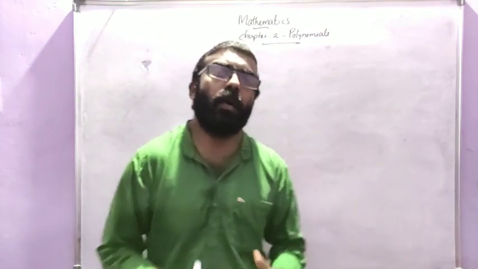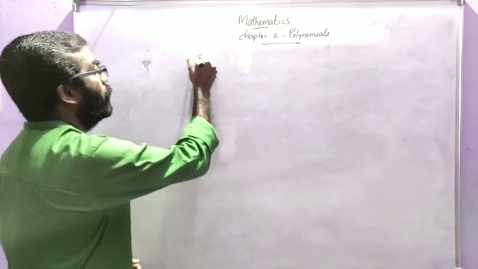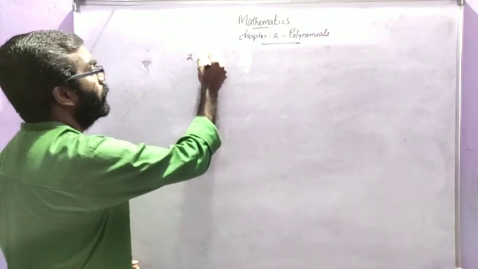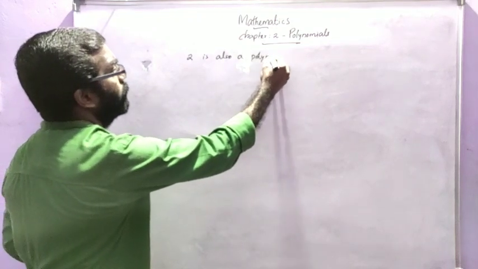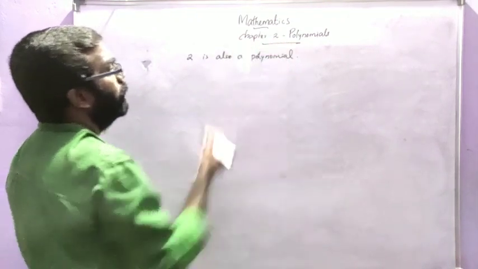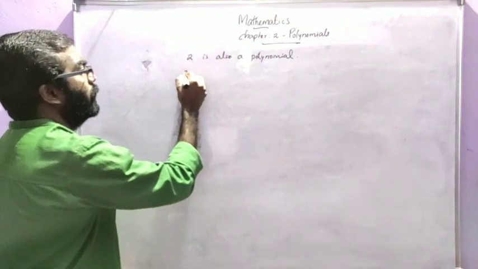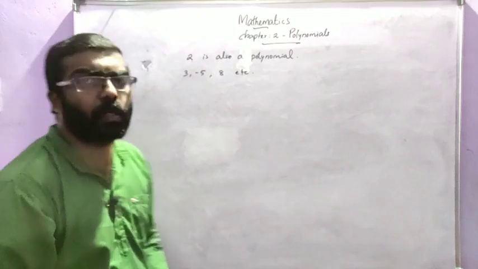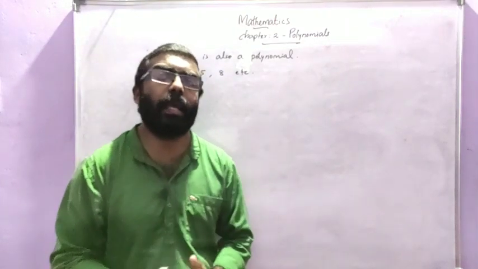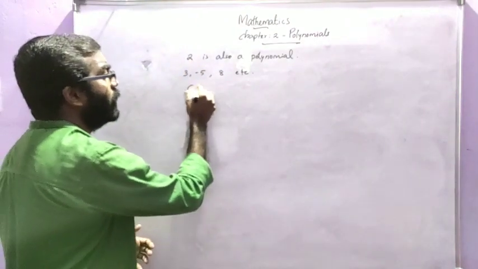Understood? Now the number 2 is also a polynomial, and the numbers 3, minus 5, 8, etc. are also examples of polynomials and they are called constant polynomials.